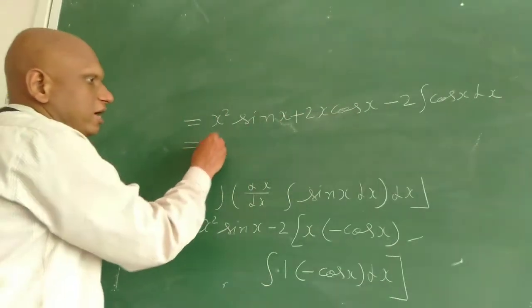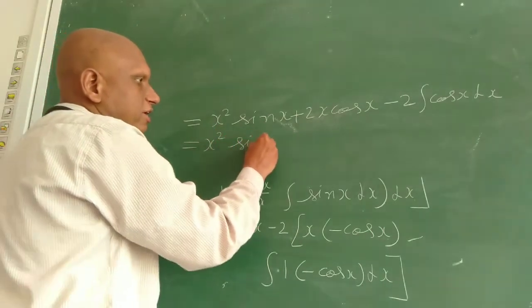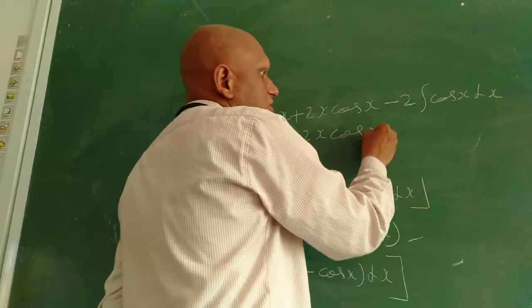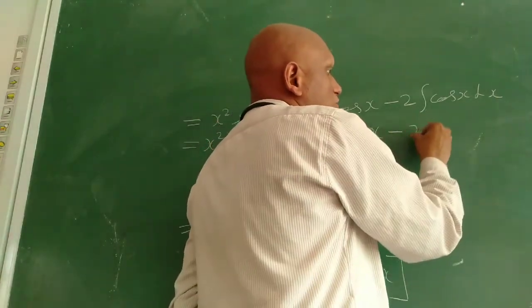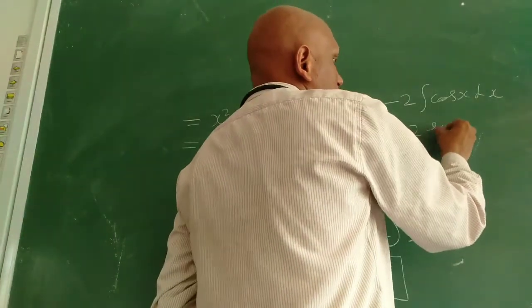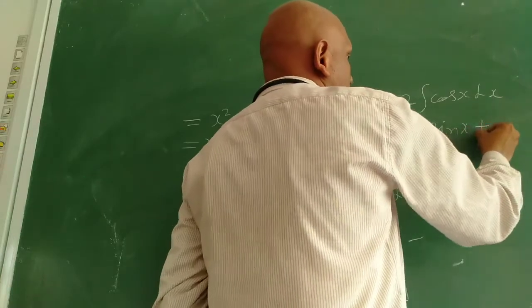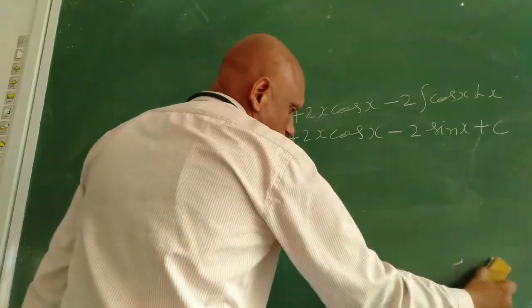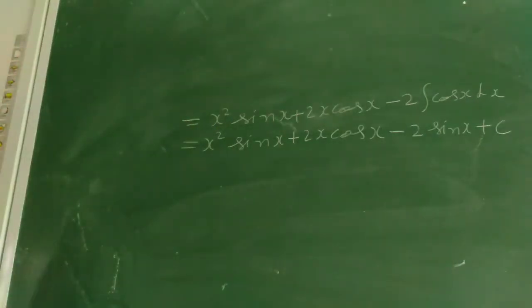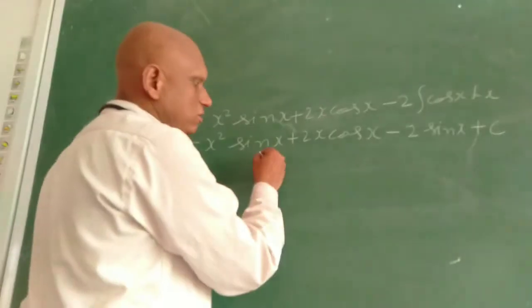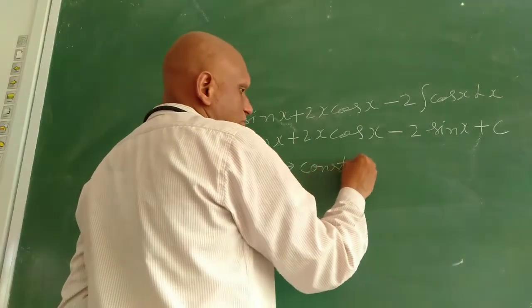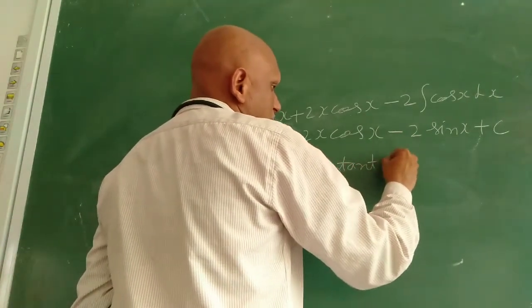Now we get x square sin x plus 2x cos x minus 2 times the integration of cos x, which is sin x, plus c. What is c? We know very well, we have done many questions. C is the constant of integration.